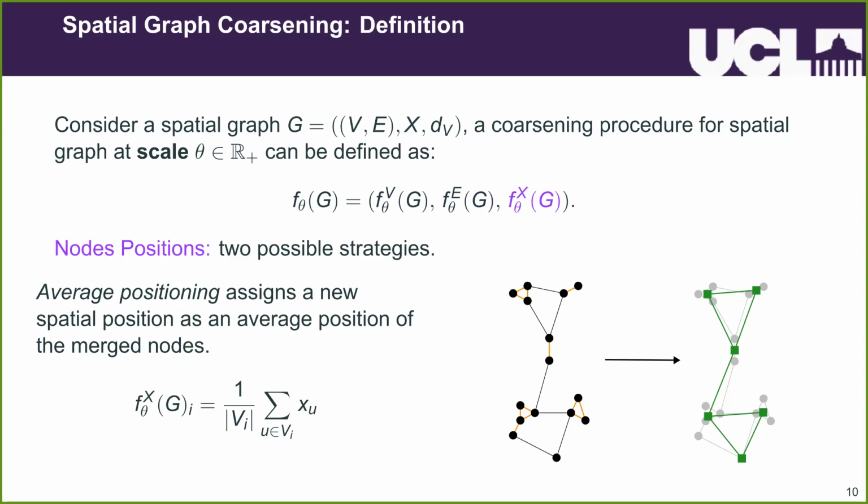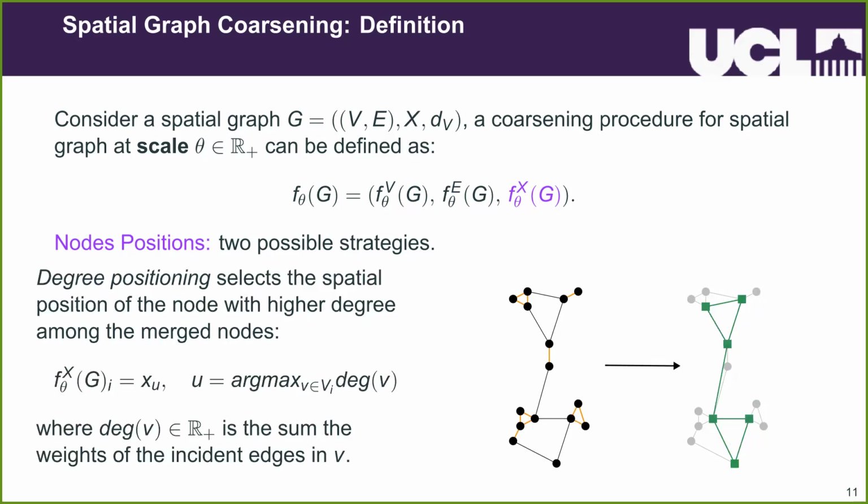So there are different ways you can update the position of the node once you have a coarsening structure. One way is to use what we call an average positioning, which is simply assigning to the node the average position of the nodes in the original graph. So you can just pick the average.